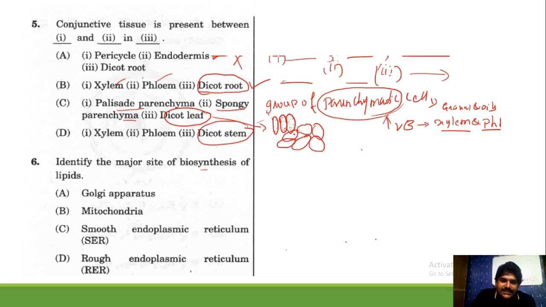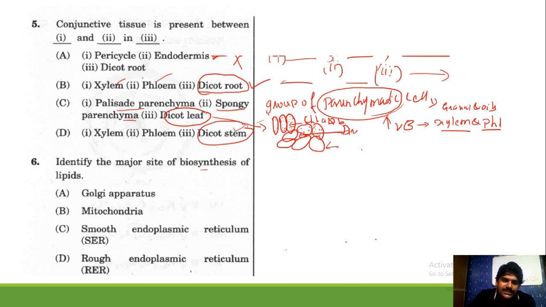We can see here in between the air vacuoles, there is also deposition of chloroplast, right? Chlorophyll A or B is present. So this cannot be the conjunctive tissue we were asked about.